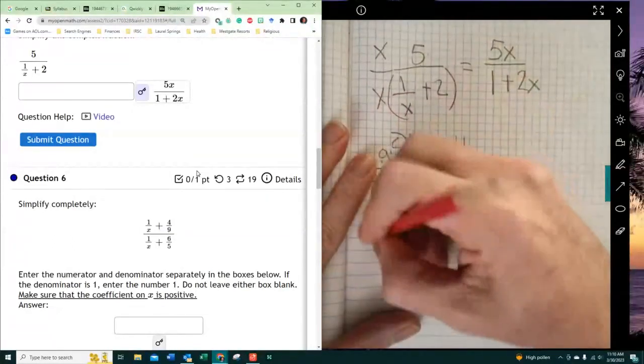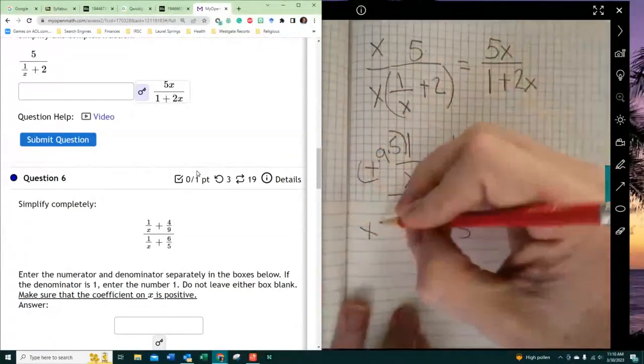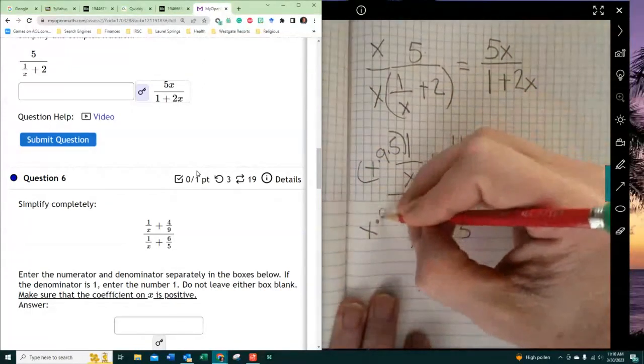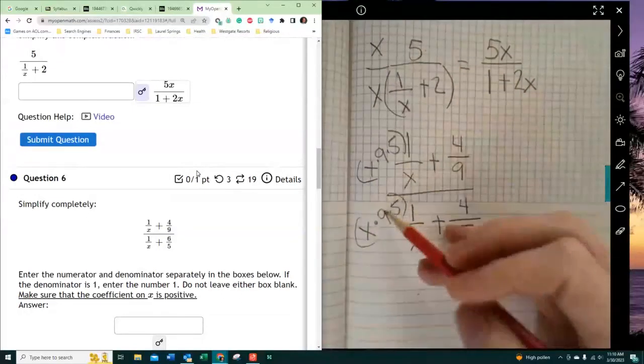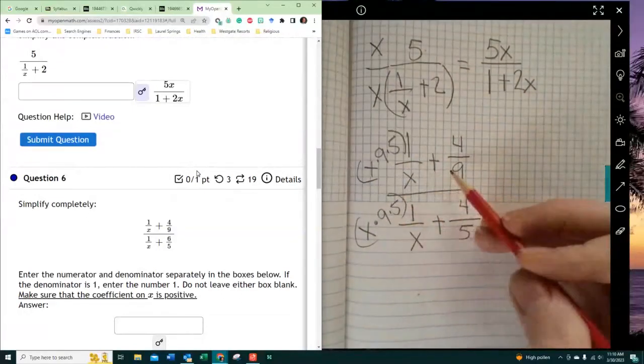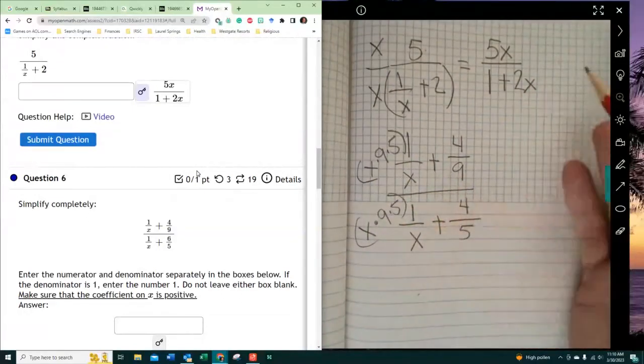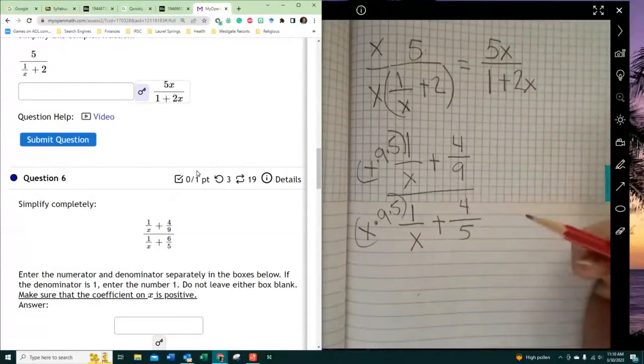I'm literally not multiplying them out on purpose to show you something. So this is the LCD: both of them have an x, and then the 9 and the 5, right?